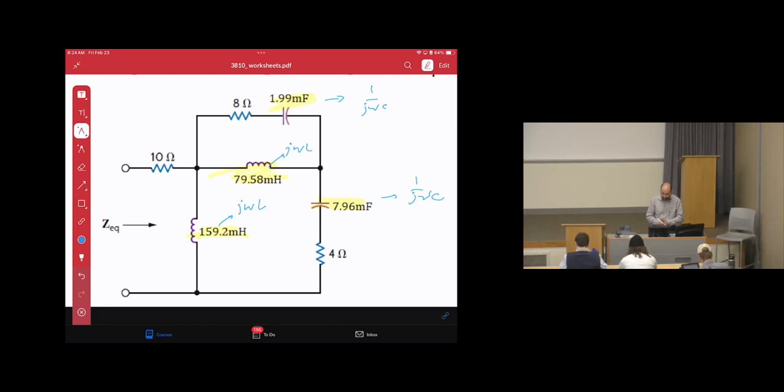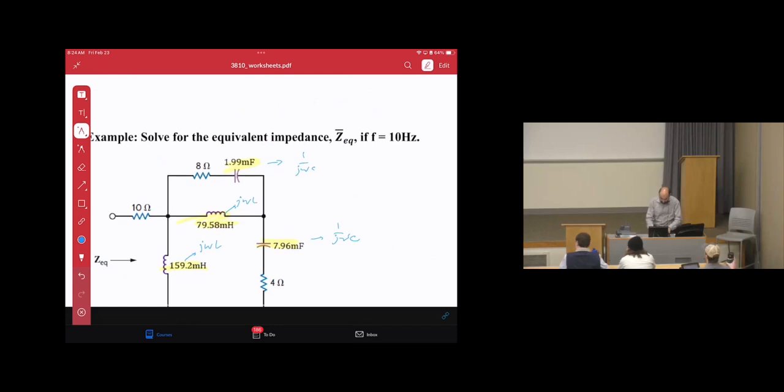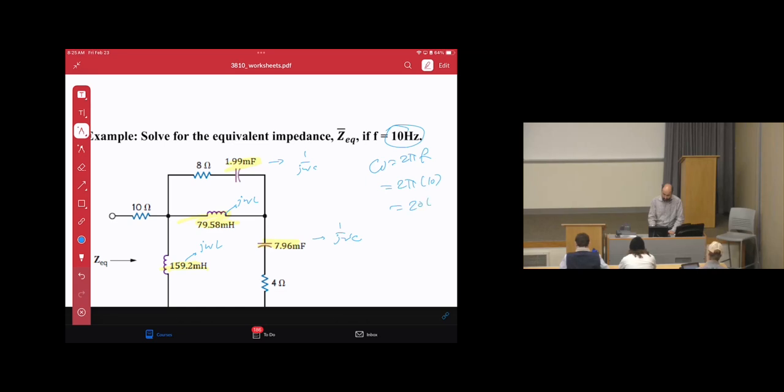We know L, we know C, all of them are given, but the thing is how to find omega. Read the question carefully. It will tell you the frequency is 10 Hertz. Don't substitute omega as 10 Hertz, no. You need to say omega equals 2 pi times f, which is 2 pi times 10, so it's going to be 20 pi. That's what we substitute for omega.